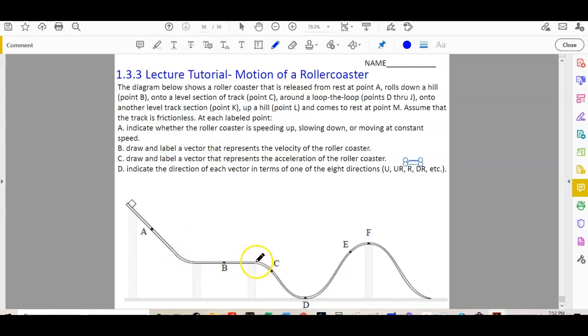And then when it gets to C, it's kind of curving, so since there's a curve to this, there might be an acceleration vector in towards the center of this circle. And then it hits D, and then there is another different circle here. And then when it gets to E and F, you have another circle here. So basically C, D, E, and F are going to have two acceleration vectors, but A is going to have only one acceleration vector and B is.